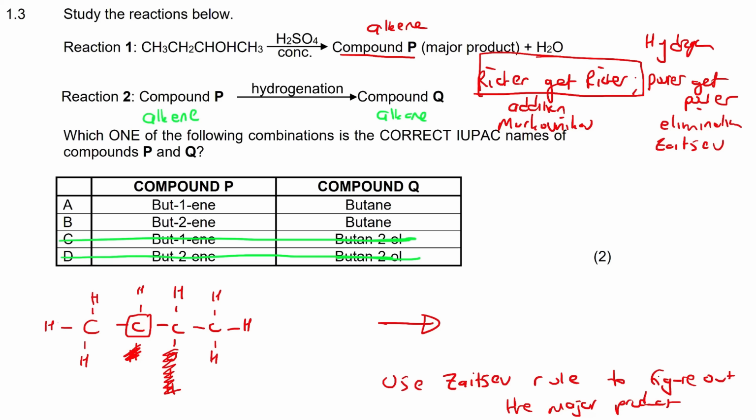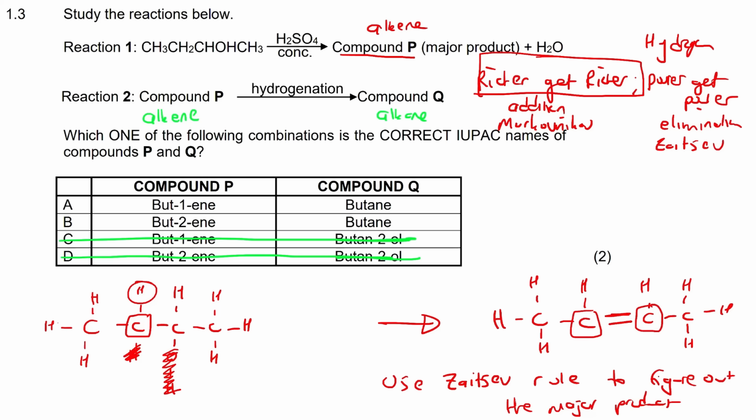And so when we then get our product, we're going to have the original CH3, which we still have in the beginning, this part over here. Then we're going to have C, and then we've still got this hydrogen up here. But then we've lost this hydrogen that was here, so that's no longer there. And then we've also lost the OH that was originally there. And then we've still got a CH3. Now we're going to have to put a double bond over there just to make sure that the carbons have 4 things surrounding them.